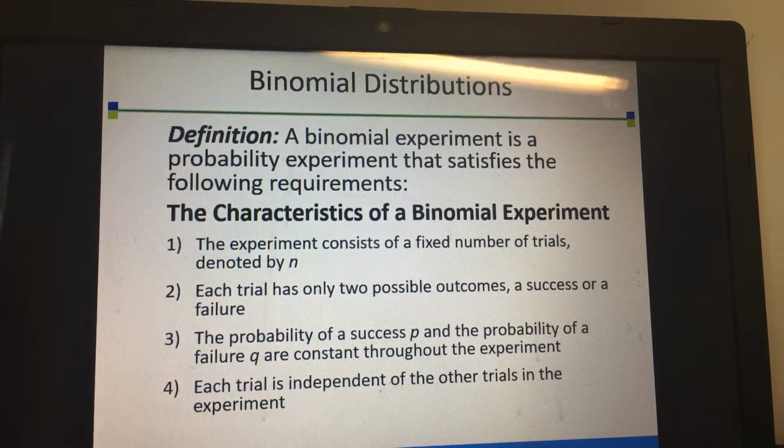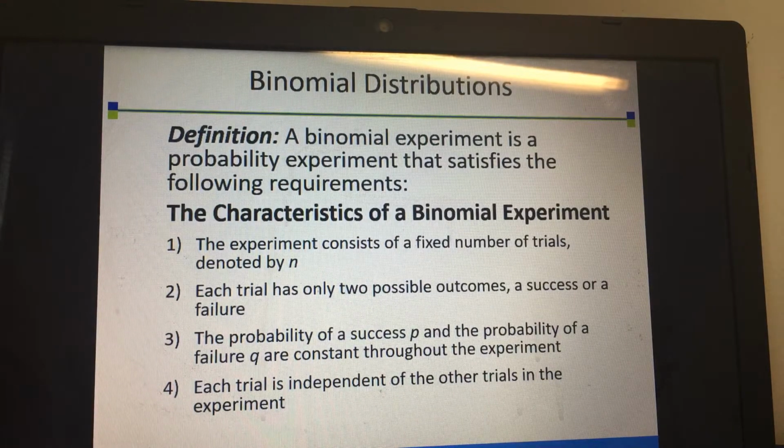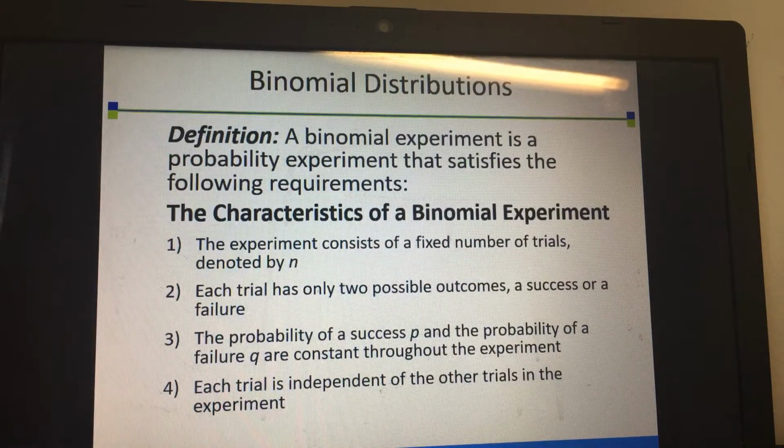These 2 outcomes, we call a success or a failure. A success doesn't mean that it will be on the positive side. It depends on what you are looking for. For example, if you're looking for the probability that the team loses, in that case your success would be the probability of those that lose. So it doesn't have to be on the positive side per se.